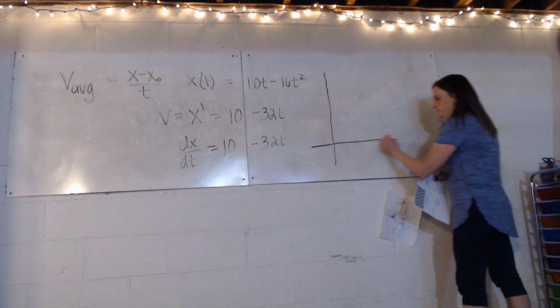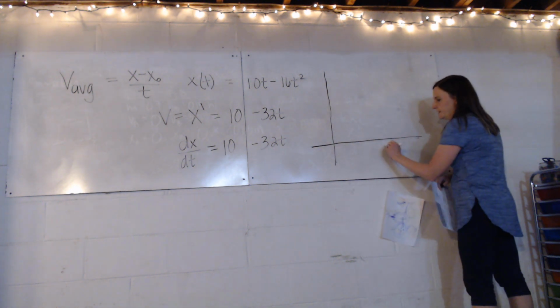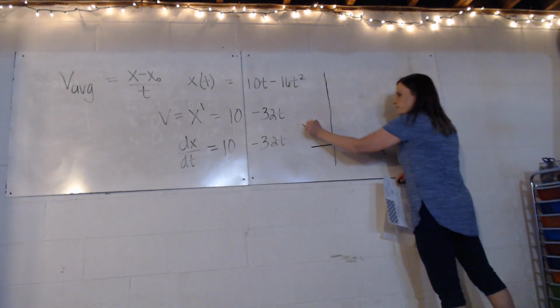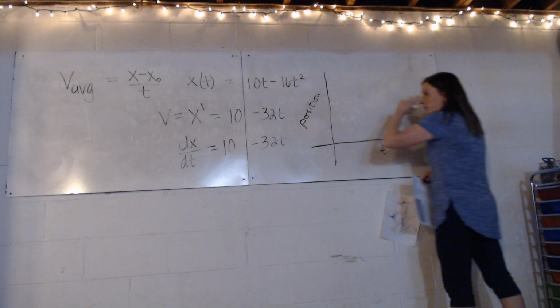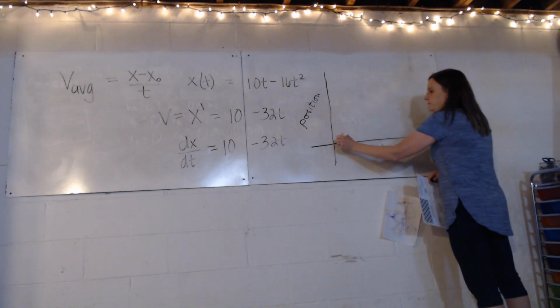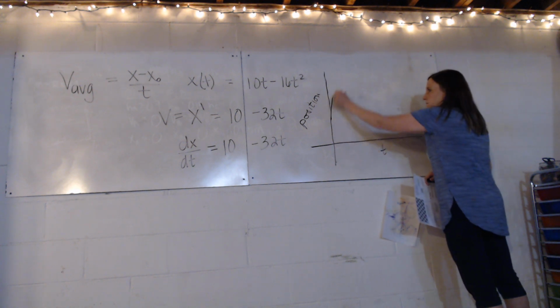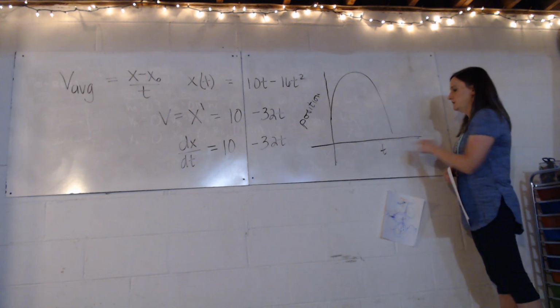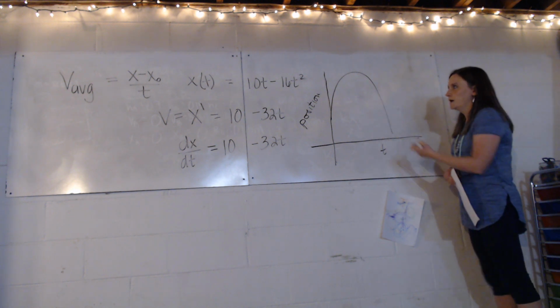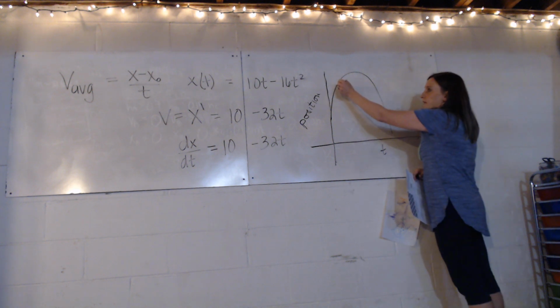Graphically, if I had a graph of time versus position. I'm not necessarily going to graph this one. I could. I'm not using actual values, but if I were to graph the position time function, finding the slope at any moment, right?